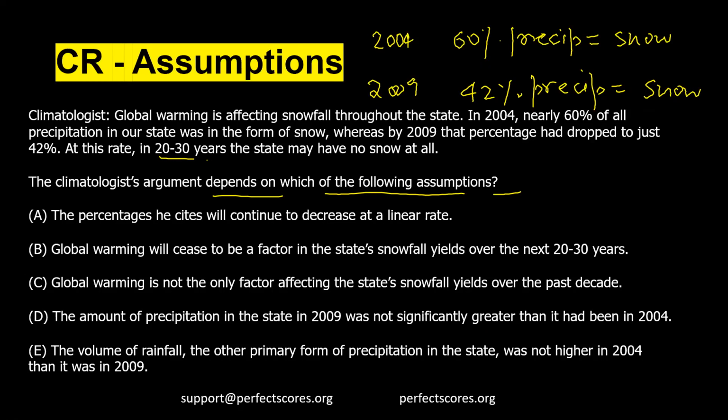At this rate, in 20-30 years, the state may have no snow at all. So basically, they're concluding that the amount of snow has also reduced, just because the percentage of the precipitation which is formed by snow has reduced.